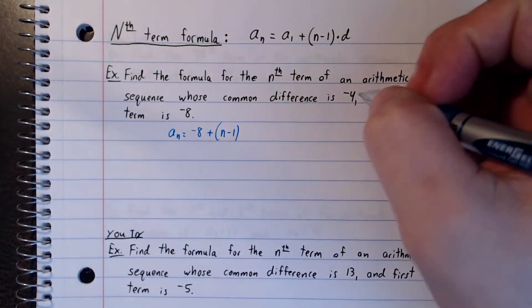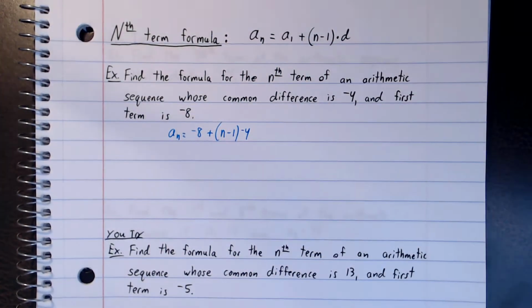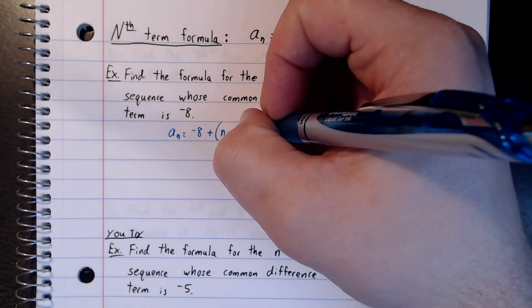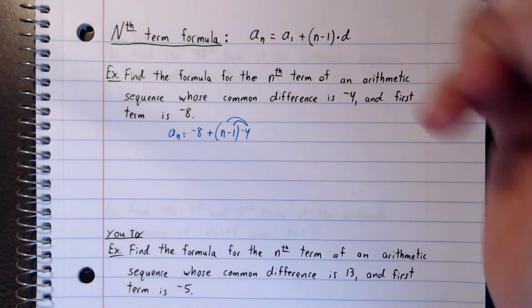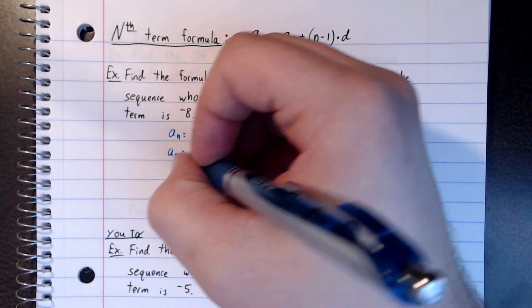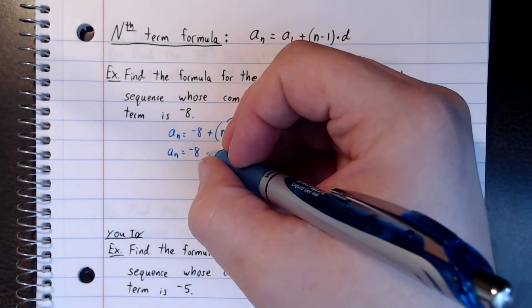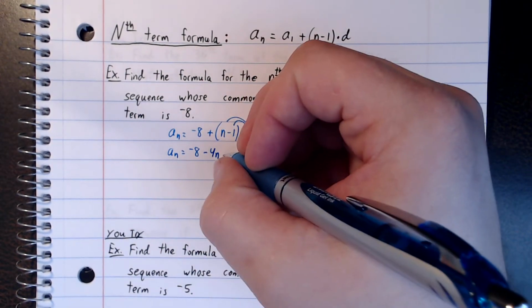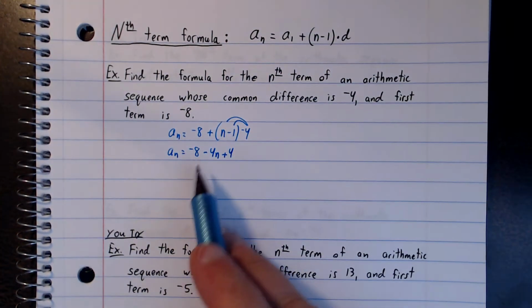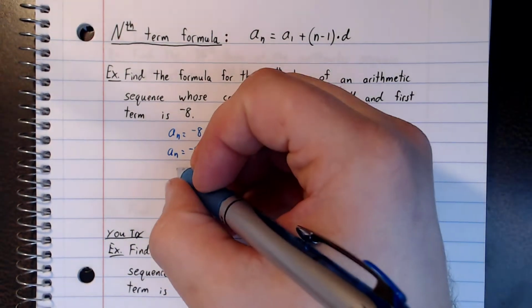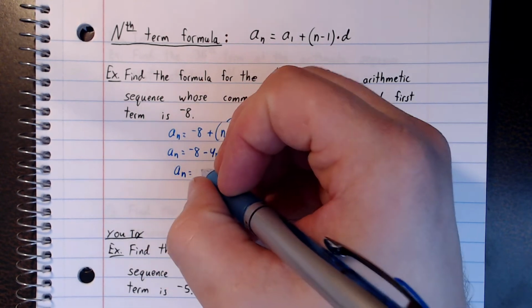And our common difference they give us as -4. If we distribute, because this is multiplication, that gives us -4n and +4.